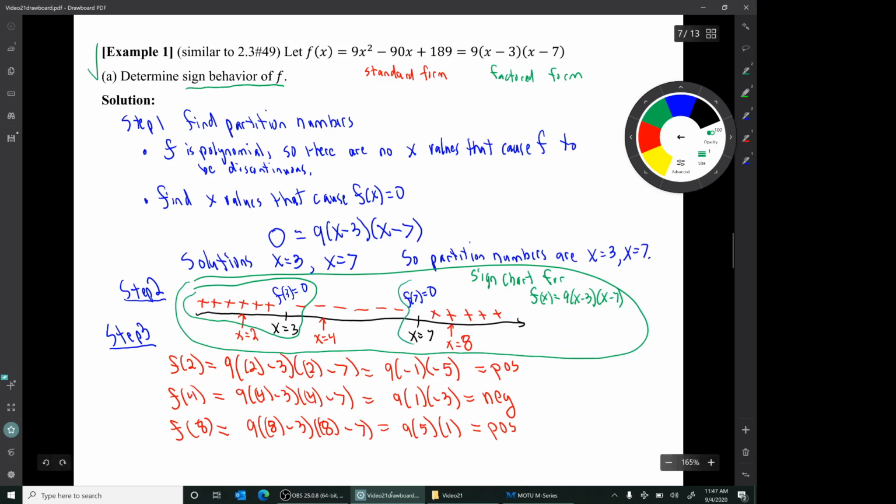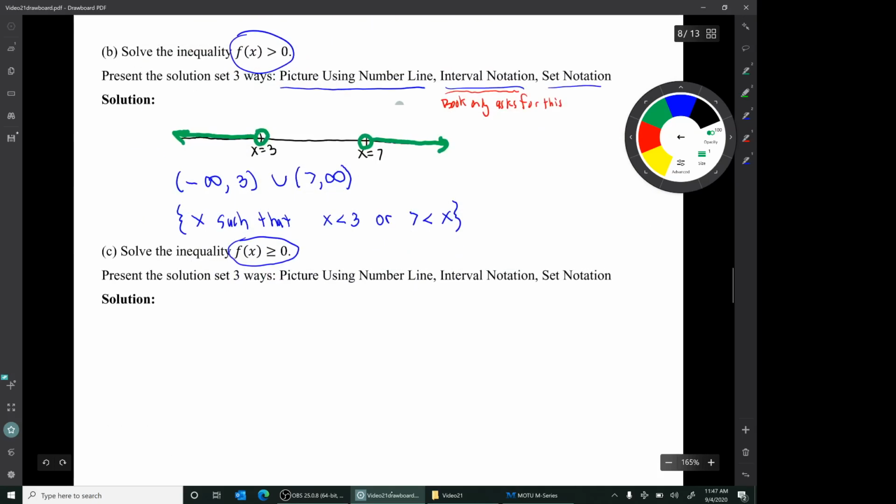And x equals 7 should be included because the y value 0 is greater than or equal to 0. So when I make a picture using the number line, it's going to be very similar. So there's my number line with those dots filled in to indicate that x equals 3 and x equals 7 are included in the solution set.